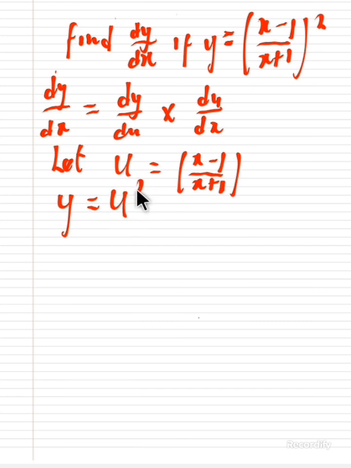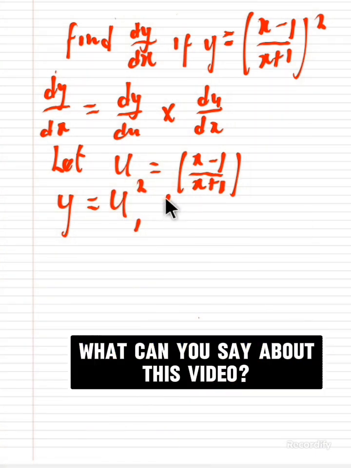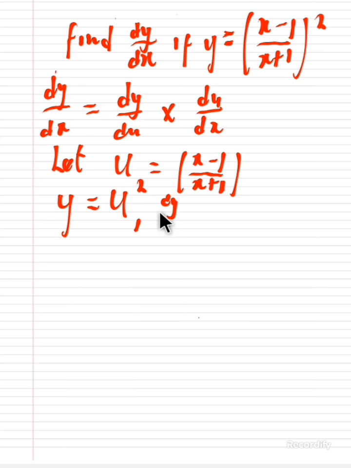That is u to the power of 2, and it is easy to find my dy/du. That is differentiating y with respect to u, which will be equals to 2u.